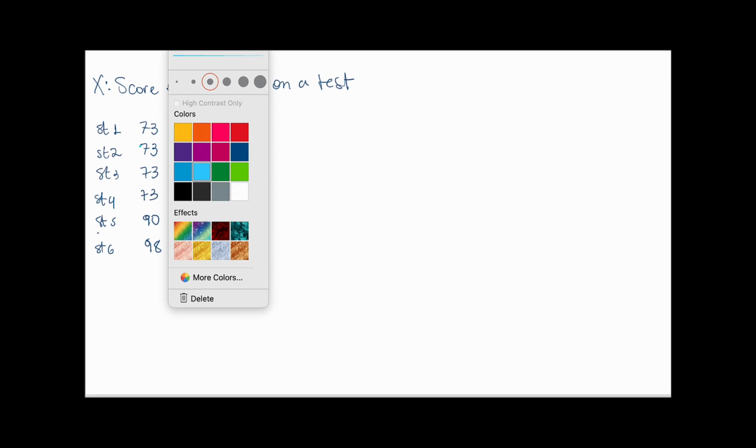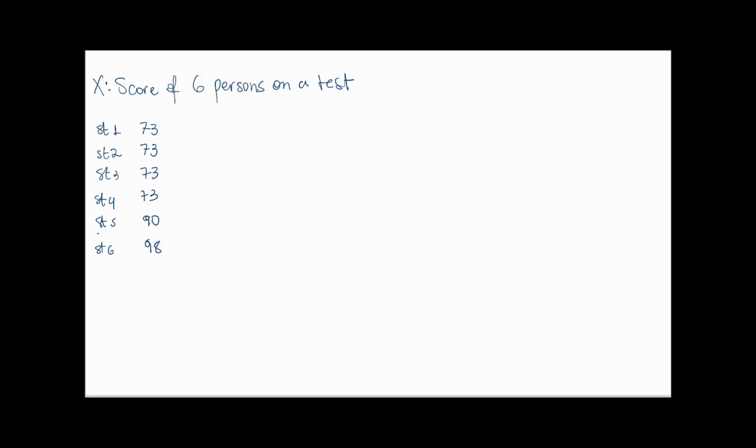I'm creating a random variable named x, where x gives me the score of six persons on a test. Okay. All right. So first student had 73, second student had 73, third student had 73, fourth student had 73, fifth student had 90, and sixth student had 98.